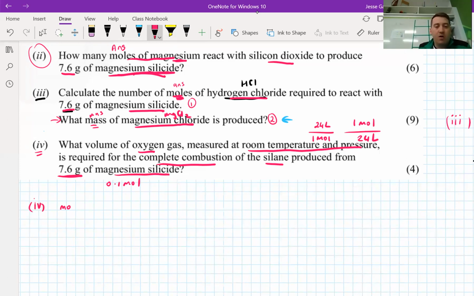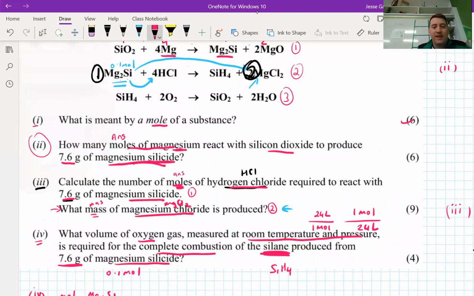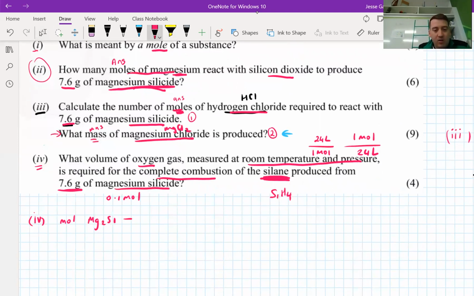So this time we're going to go from moles of Mg2Si. We need to first find out how much silane that produced, which is SiH4. So we need to look at the second equation. I'm going to rub this out and we're going to find out how many moles of silane. So going to moles of SiH4. That's the first step. The second step then is to go from moles of SiH4.